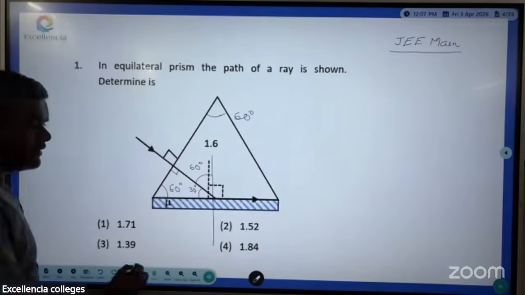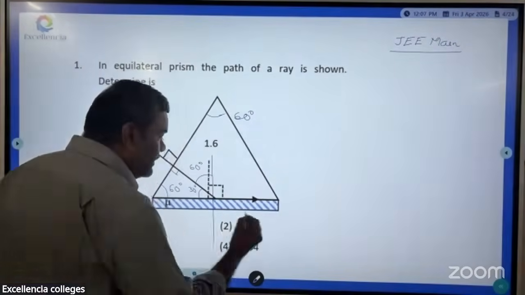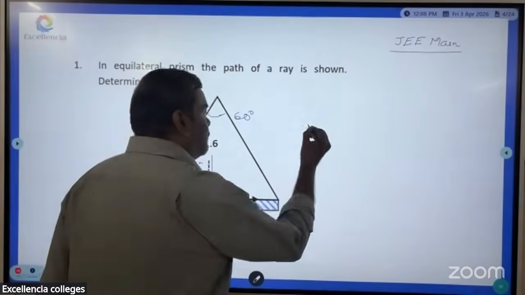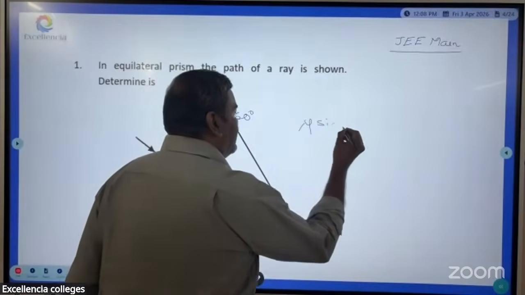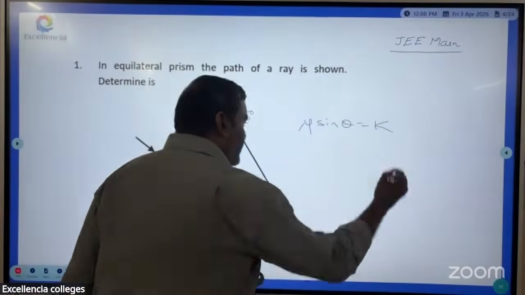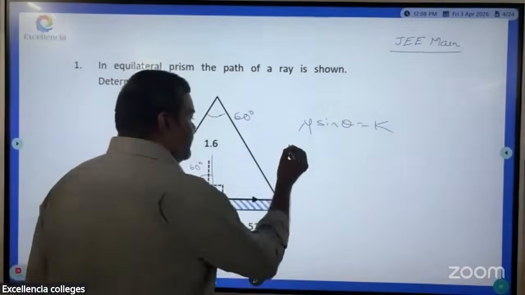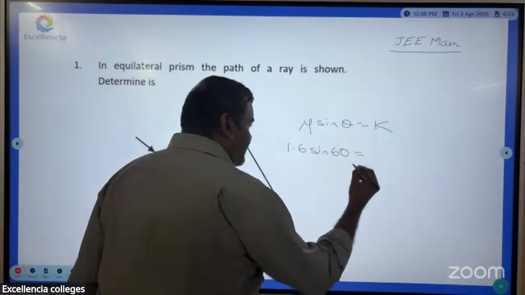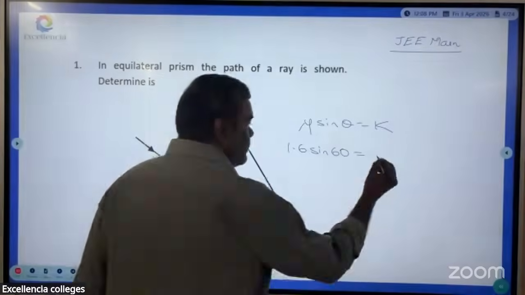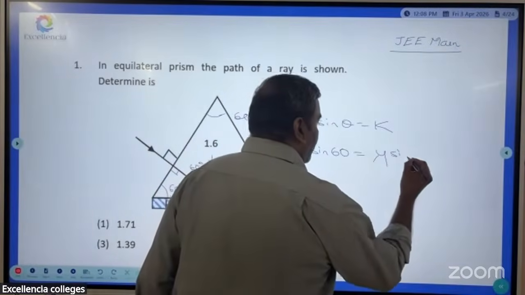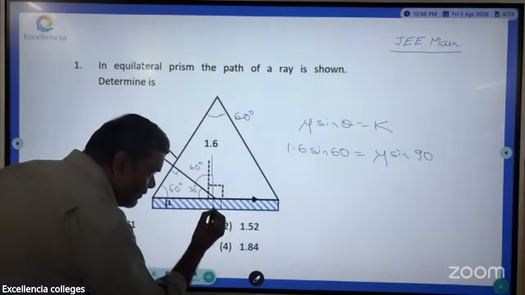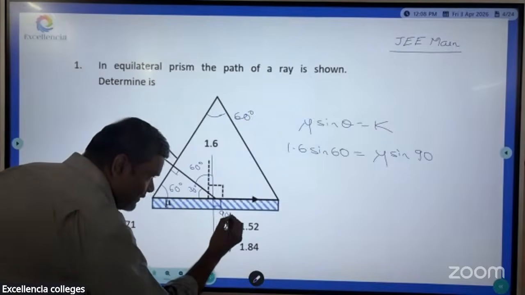Now you can say that as the ray of light proceeds further, it is grazing the interface. So you can apply Snell's law, which says that mu into sine theta is a constant. So we have here 1.6 as the refractive index into sine of the angle of incidence, which is 60, equals mu into sine of 90 degrees, because the angle of refraction here is 90 degrees.